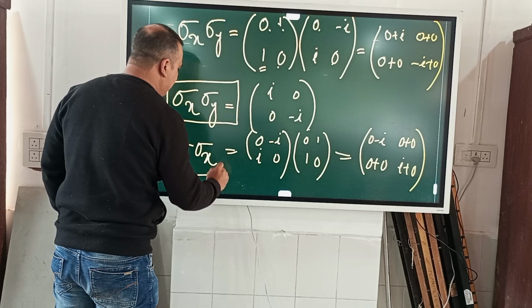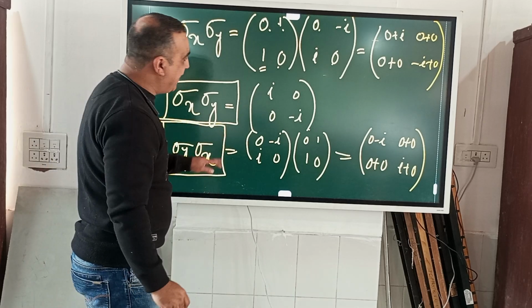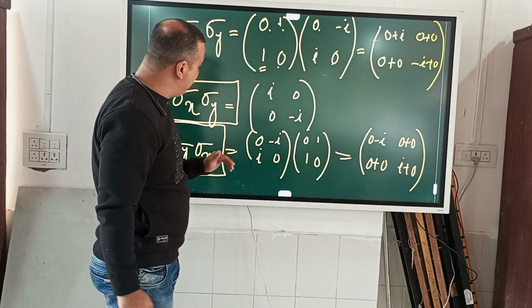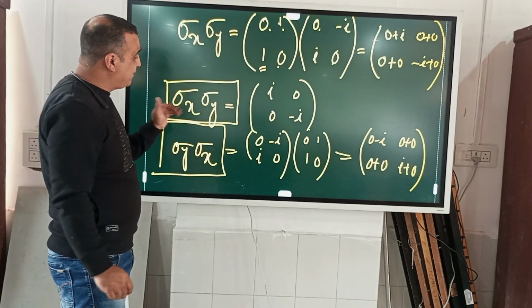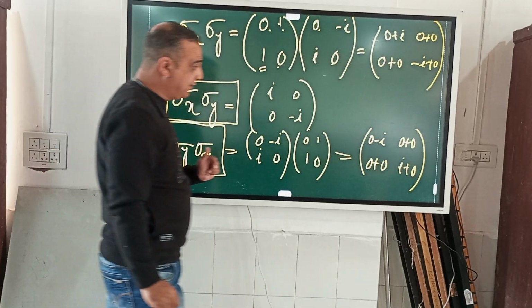So what we have obtained is sigma x sigma y, and now we have obtained sigma y sigma x, and we are going to subtract the two, because once we subtract the two, this will lead us to the commutation relation.